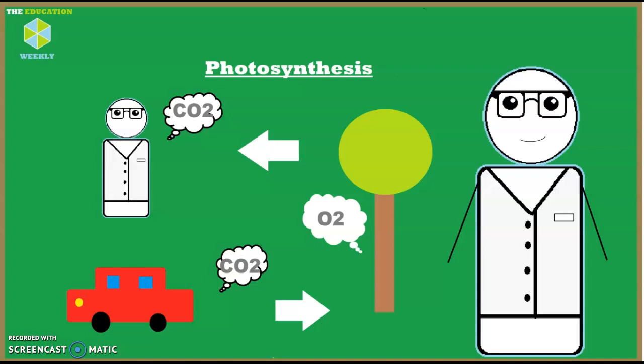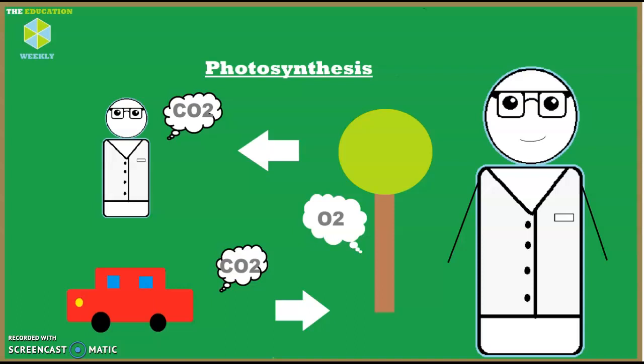Then the tree, as we saw from the starting materials in photosynthesis, breathes this back in and puts out oxygen. So this creates a cycle between humans and plants, because we breathe in oxygen and breathe out carbon dioxide, and they take in carbon dioxide and breathe out oxygen.